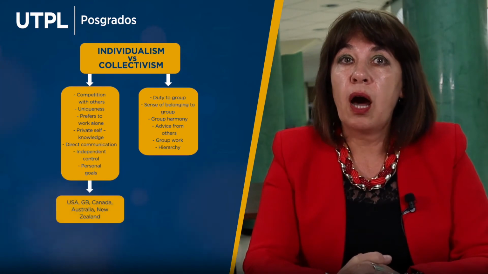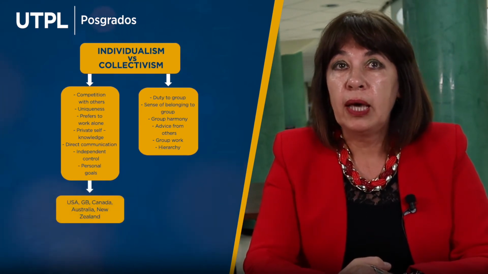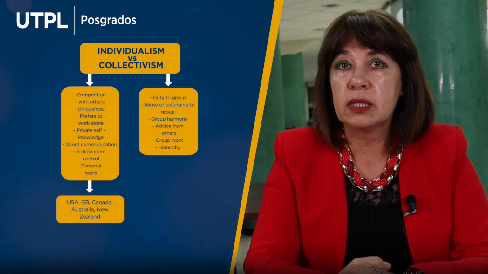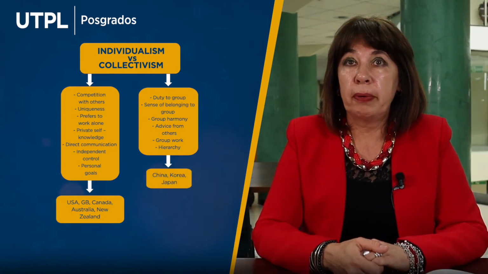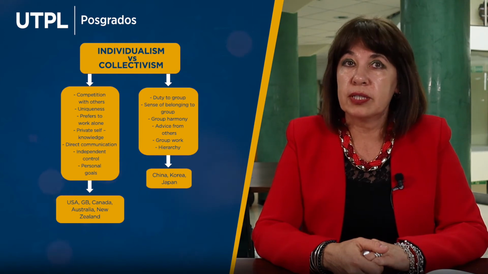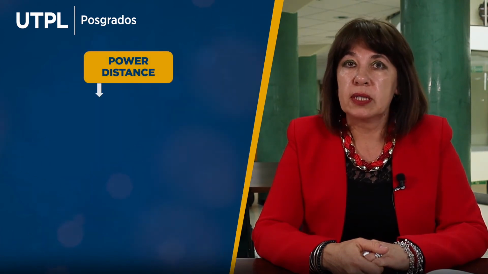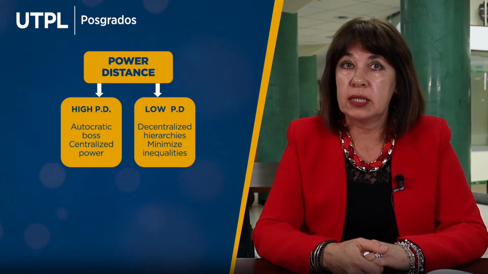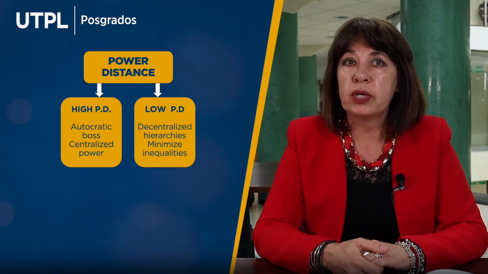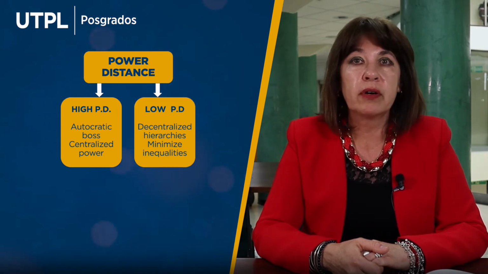Individualistic cultures are in the USA, Great Britain, Canada, Australia, New Zealand. Collectivistic societies are China, Korea, Japan, and other Asian countries. With regard to power distance, cultures are subdivided in high and low power distance societies. In societies with high power distance, power is centralized in the hands of an autocratic boss, and his decisions are never questionable.